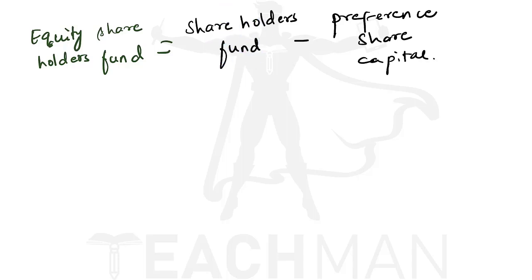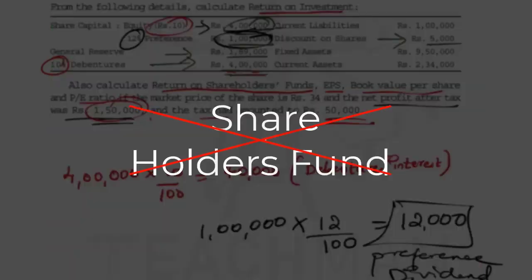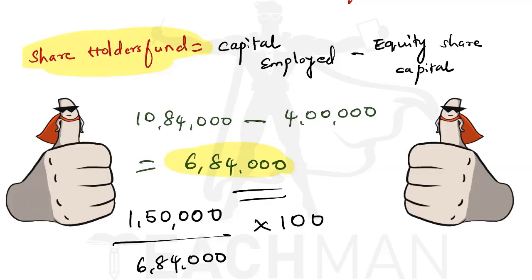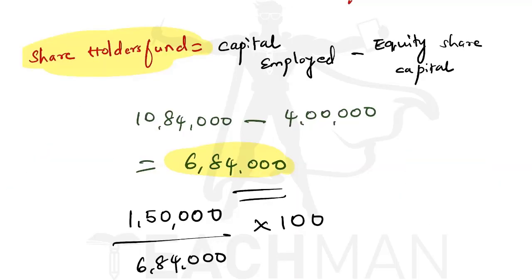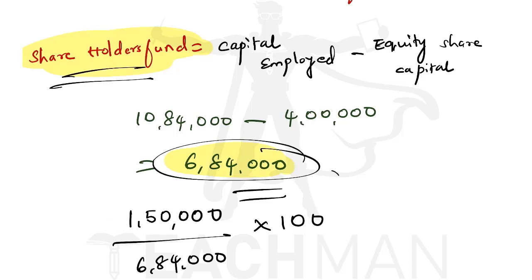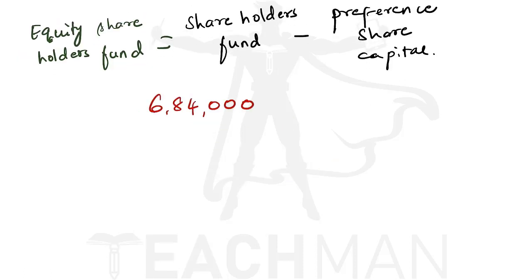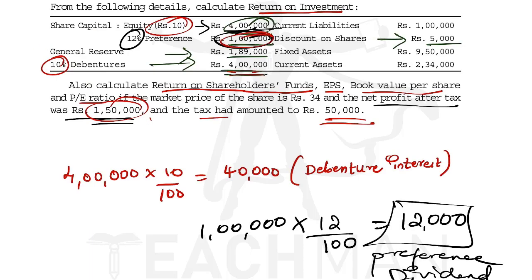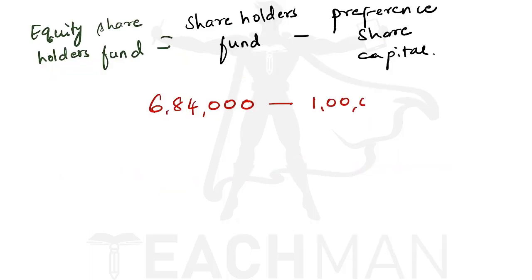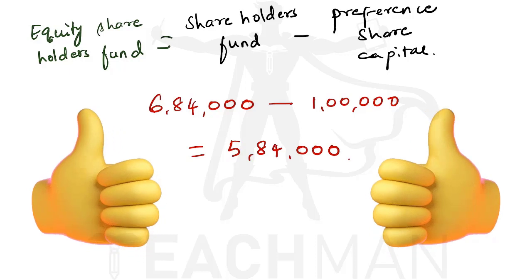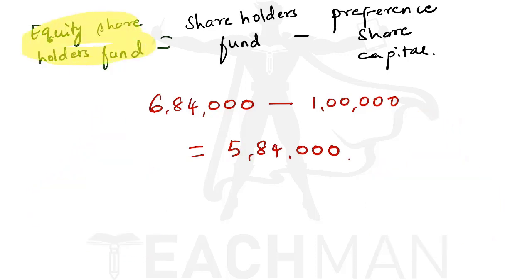Now, what is shareholders fund? Here, nothing is mentioned about shareholders fund. But you remember on return on investment, we calculated shareholders fund, and the amount we got was 6,84,000. So we will consider this. 6,84,000 minus preference share capital of 1 lakh, we will get 5,84,000. So we got equity shareholders fund, that is 5,84,000.